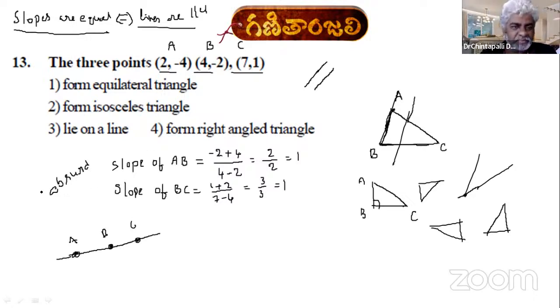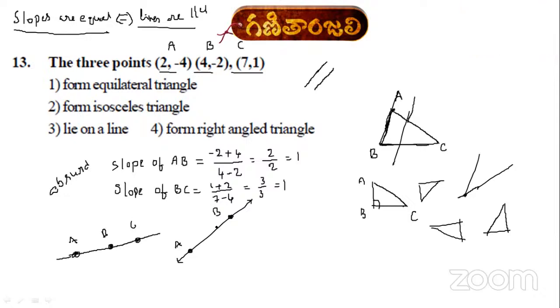See, it is AB. Previously we derived a formula to find the slope of a line, right? By using 2 points, we found a formula to find the slope of AB.